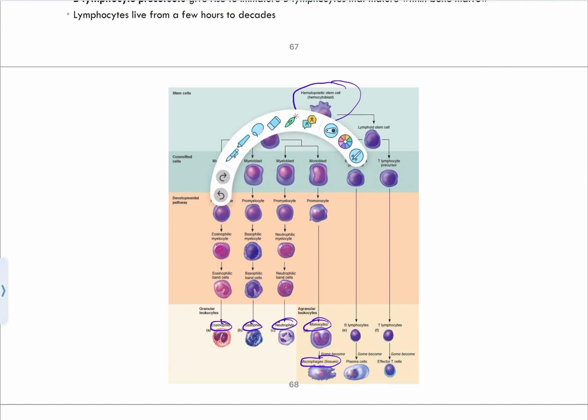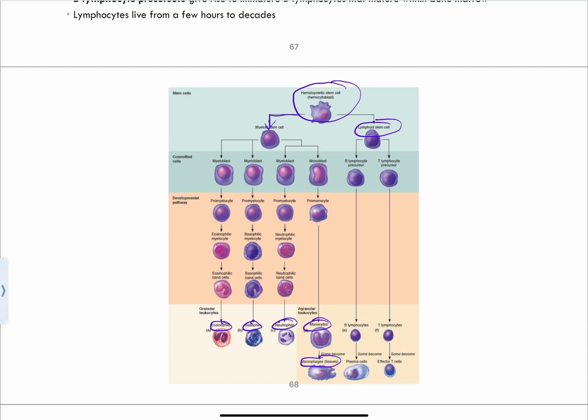Then our second stem cell line is going to be our lymphoid stem cell line, at which point we produce B lymphocytes or T lymphocytes, and our B lymphocytes eventually become plasma cells as they mature in our bone marrow, and our T lymphocytes become effector T cells. So what do you need to know?